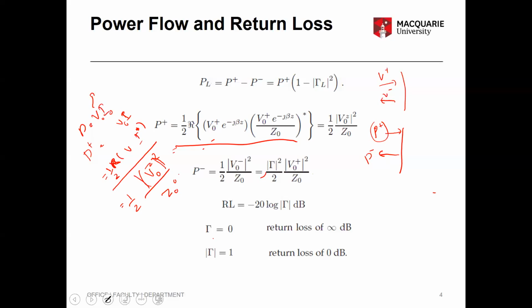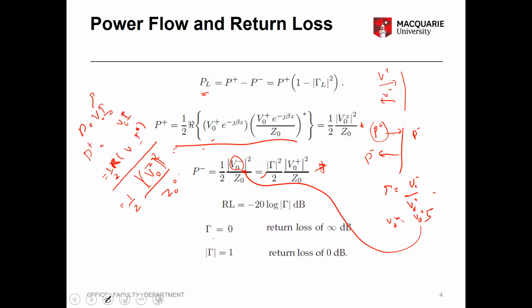If you sub in the P plus, you get P minus the same way. P minus will have V naught minus, but because you know that tau is V naught minus over V naught plus, you can sub in V naught plus tau for V naught minus. Then the power to the load is the power difference between P plus and P minus, in watts.